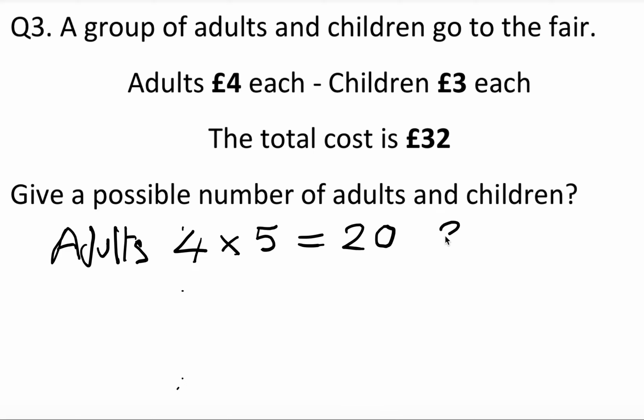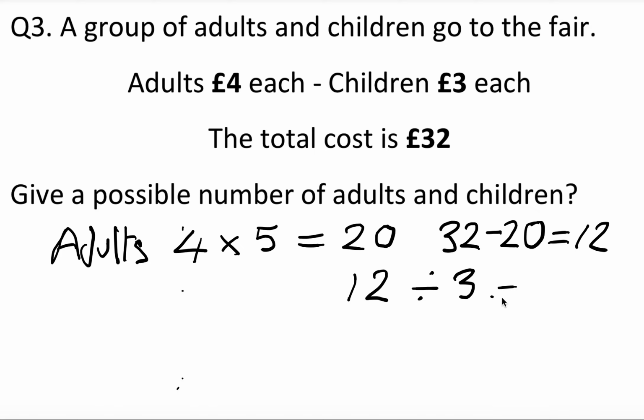So we go 32, take away the 20, we're left with 12. So if we divide 12 by 3 equals 4. And we divide it by 3 because it's £3 for children. So that would mean we could have 5 adults.